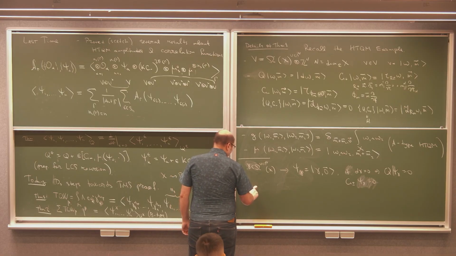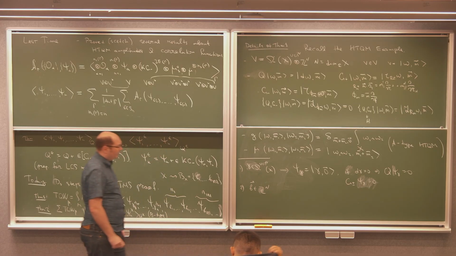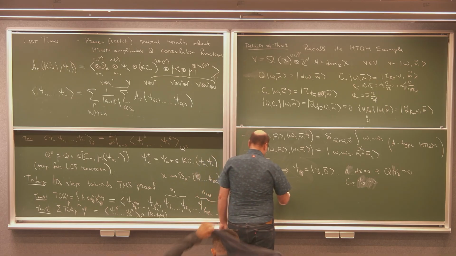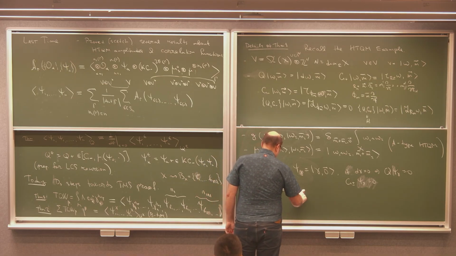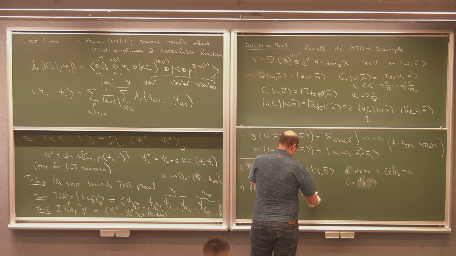Now, given an integer vector, so given an element of this n-dimensional lattice, we can construct another type of state that is labeled by this vector, and this state is constructed in the following way.